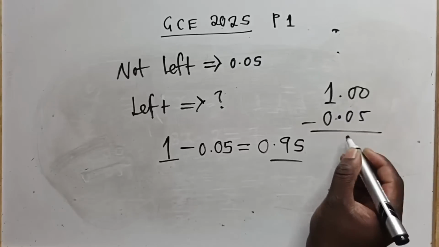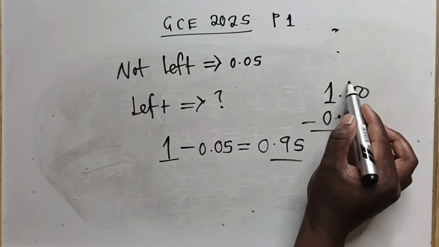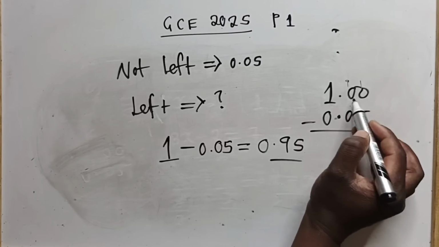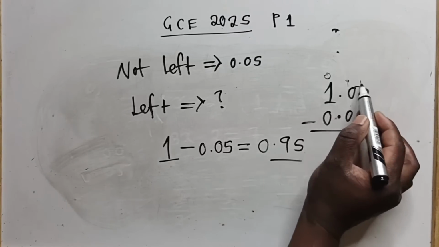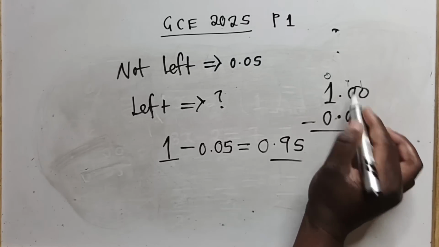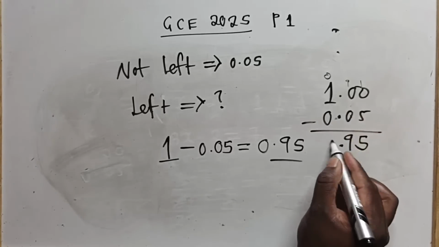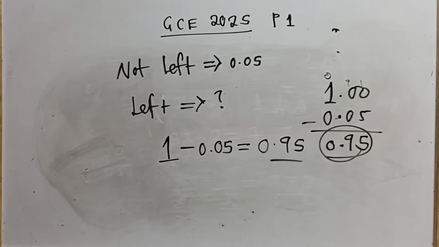So you say 0 minus 5, it can't. You borrow, this will be a 9 when you put a 1 here, this will be 0. 10 minus 5 is 5, 9 minus 0 is 9, 0 minus 0 is 0. So that's how I got this one.